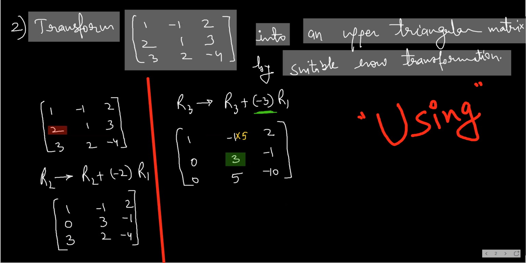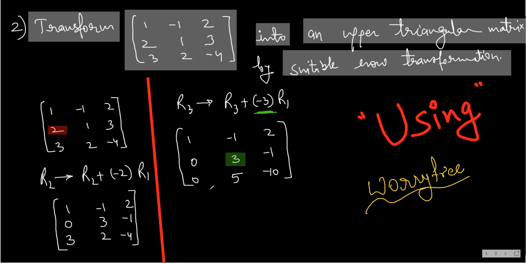The thumb rule is, after you have got 0 in these two places, when you are going for this 0, you will always use the second row element. You will always use this element. Why? Because if you are using that element, you can be worry free. You are not bothered.